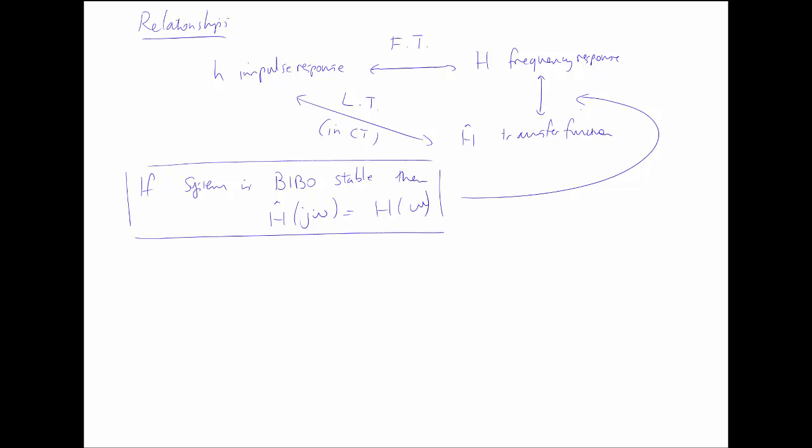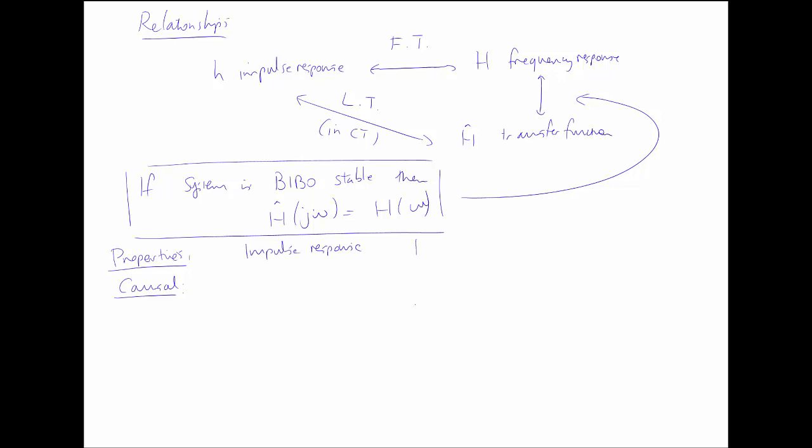Now that we have these representations of our system, we can look at our properties and see how to test for them from the point of view of these different descriptions. First, let's discuss how these appear in the impulse response. Causal is something that I can see from the impulse response.